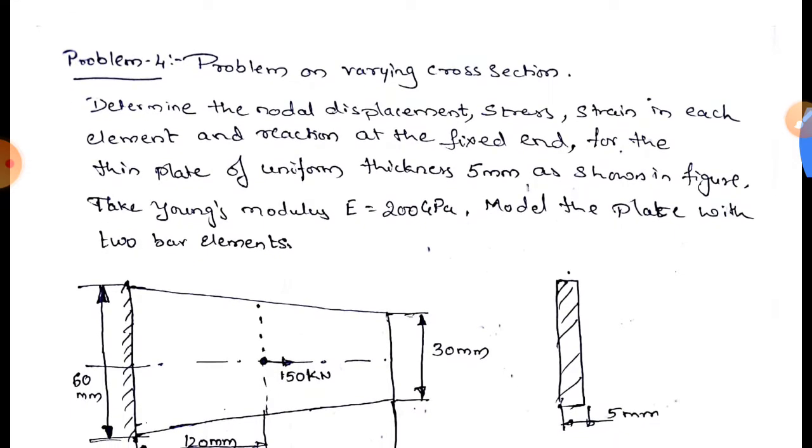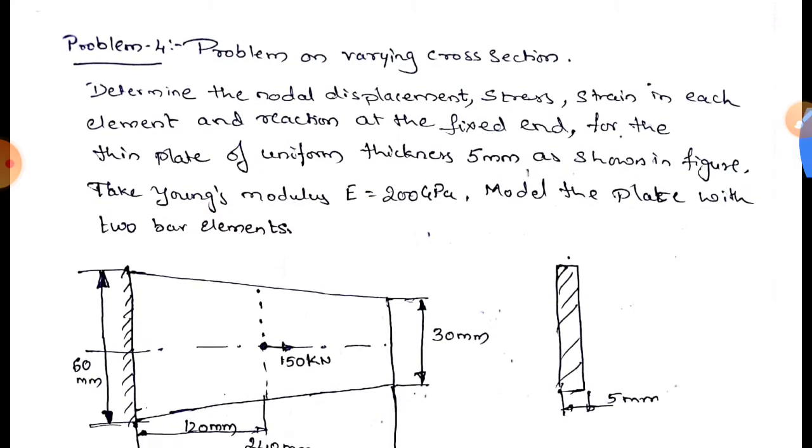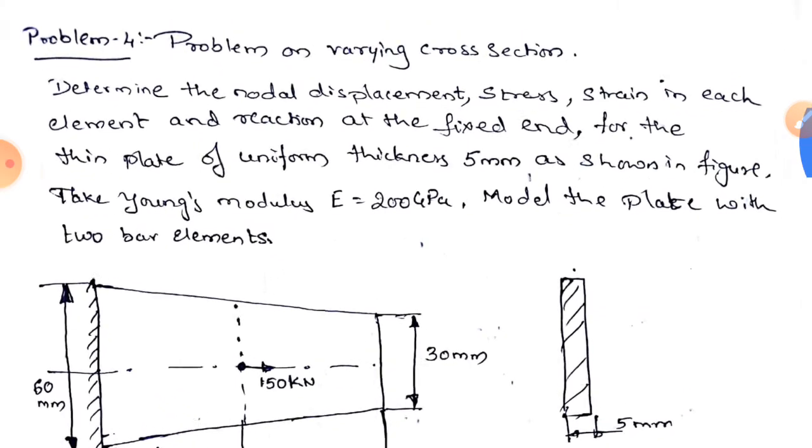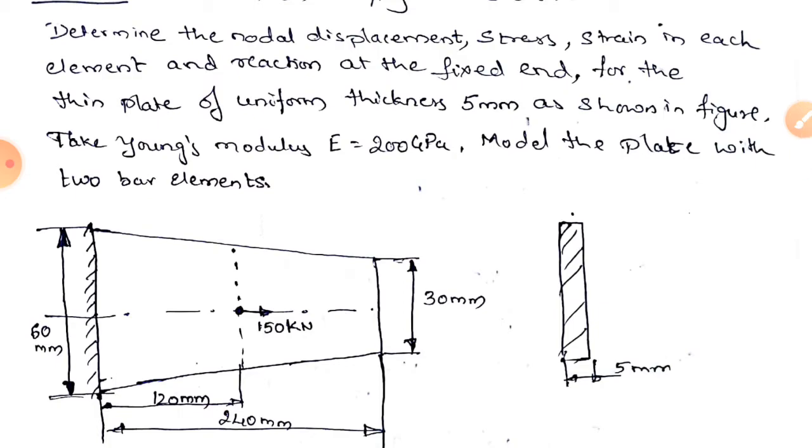How is this problem different? In this problem we will be analyzing a tapered bar, that is, a bar with varying cross section. How are varying cross-section bars solved manually?